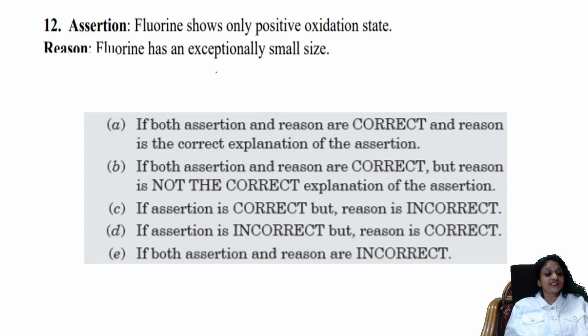Fluorine has exceptionally small size. Right. First of all, fluorine shows only positive oxidation state. This is wrong. It can never show it. Fluorine has exceptionally small size, which is right. So the assertion is wrong and the reason is correct.